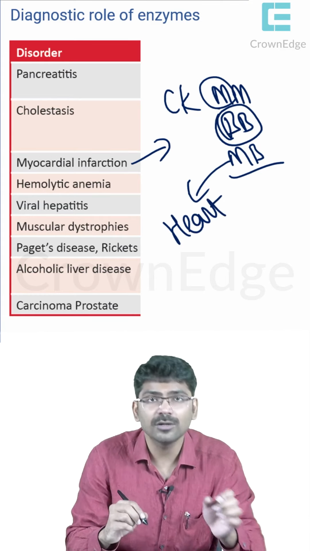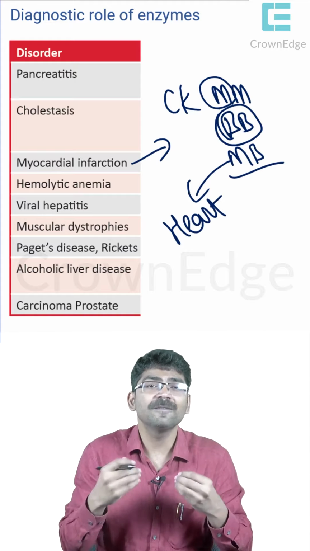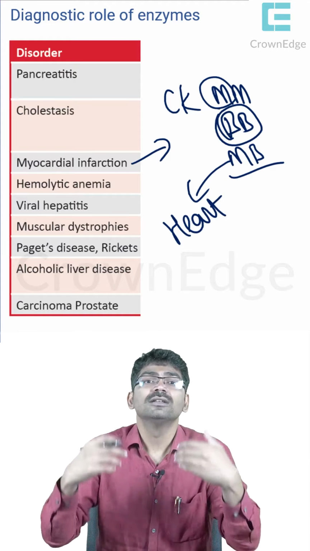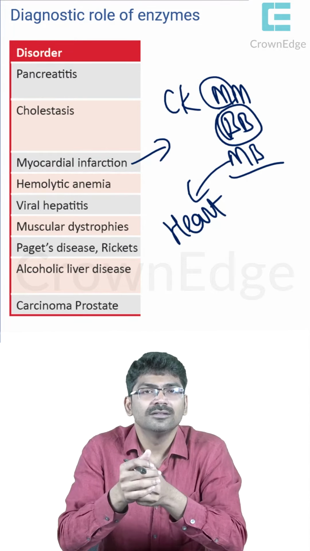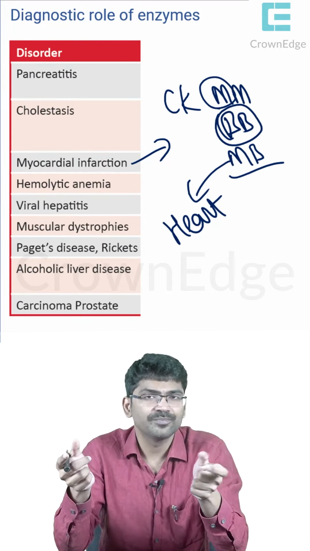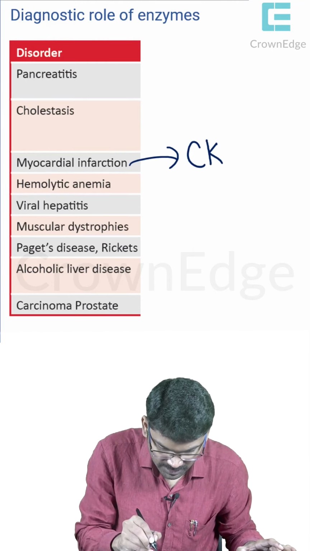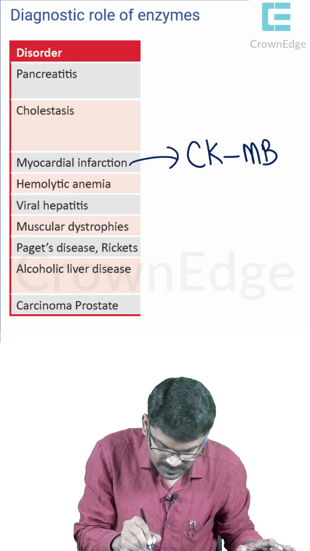So here comes the role of isoenzymes. We are not going to measure CK-MM. CK-MM will be high in skeletal muscle disorders, like Duchenne muscular dystrophy. But in myocardial infarction, what do we measure? We measure CK-MB. This is an enzyme.